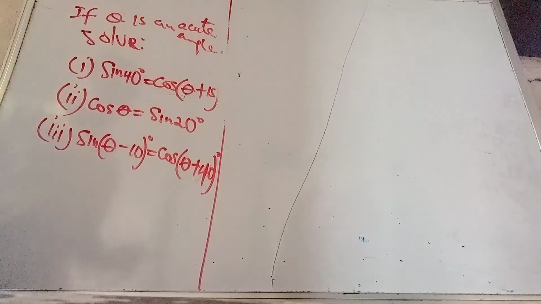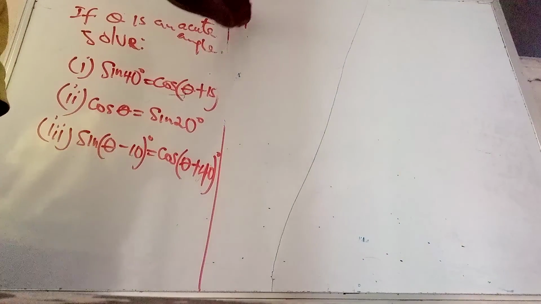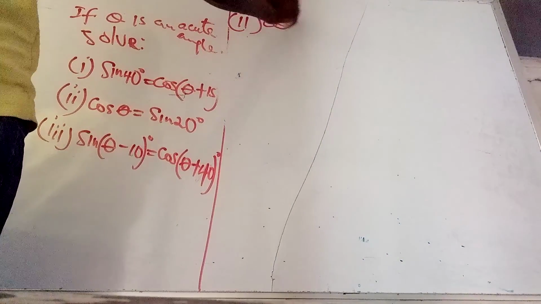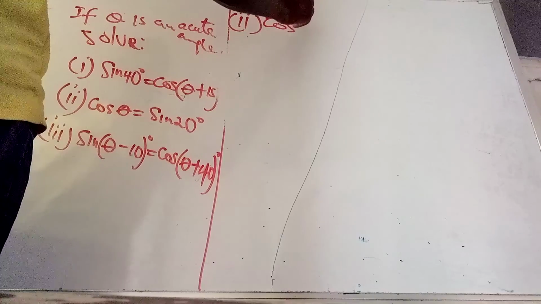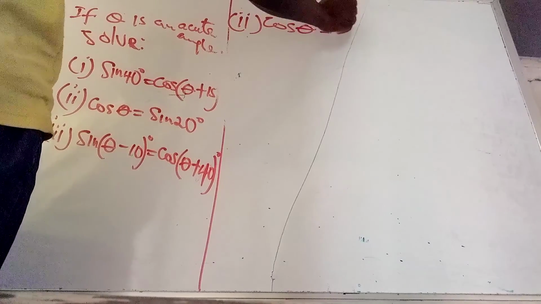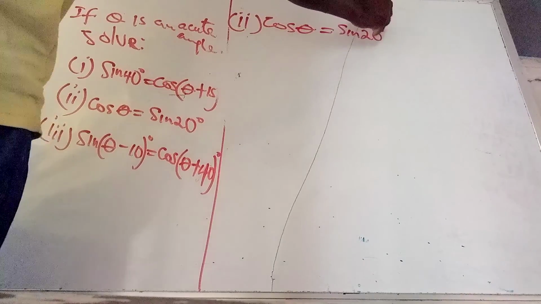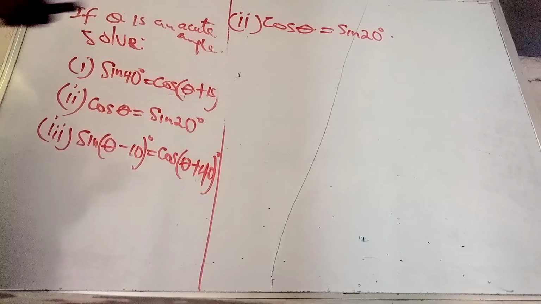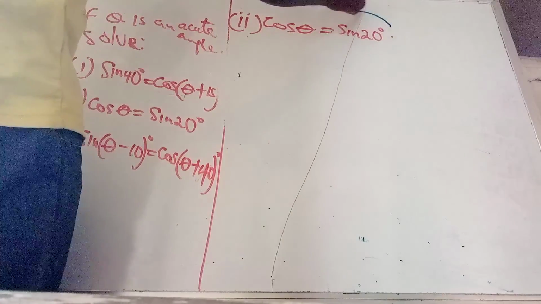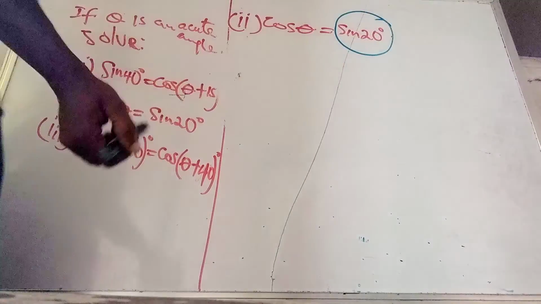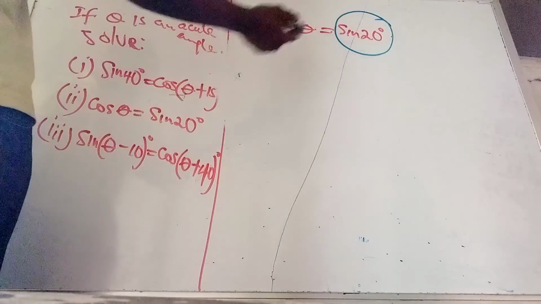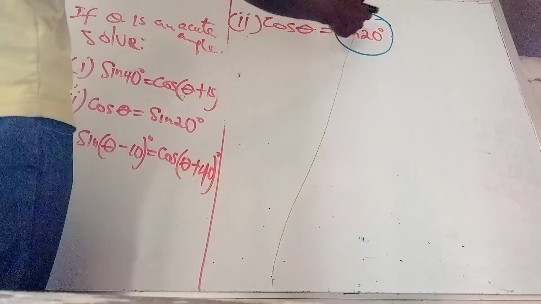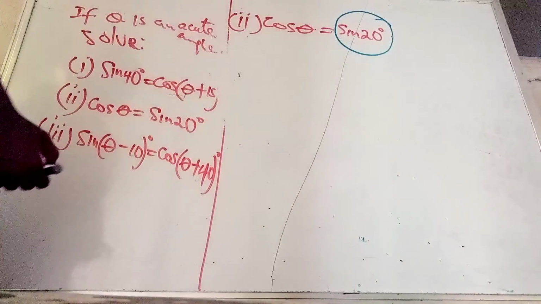That is cosine of theta equals sine of 20 degrees. As I did in the first question, this will be easier to convert because theta is a symbol, 20 is a number.